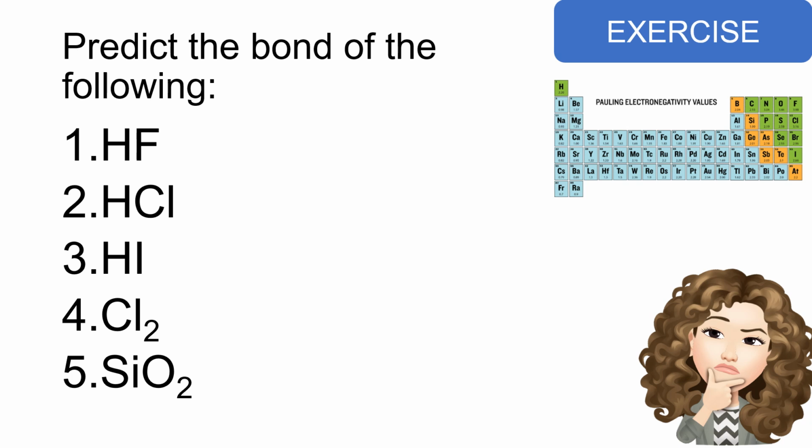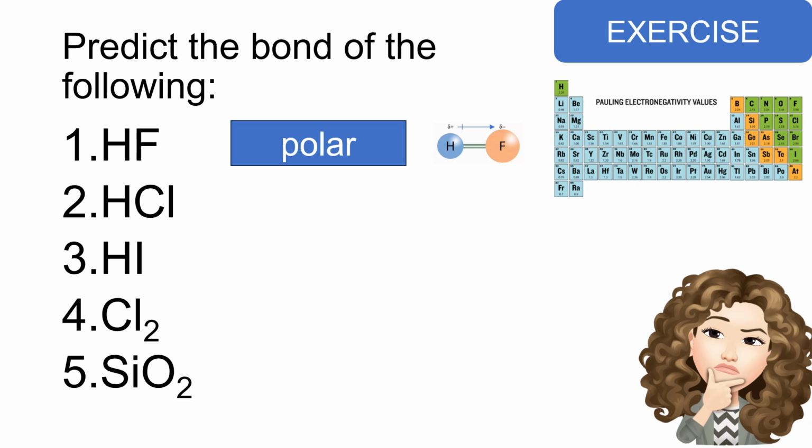For hydrogen fluoride, this is a polar molecule. So polar again, you can see here your electronegativity values. This is easy to see. You have your hydrogen and your fluorine there, two nonmetals.